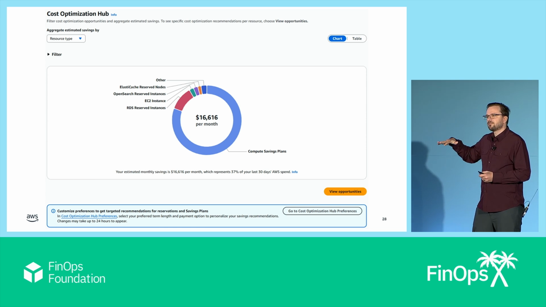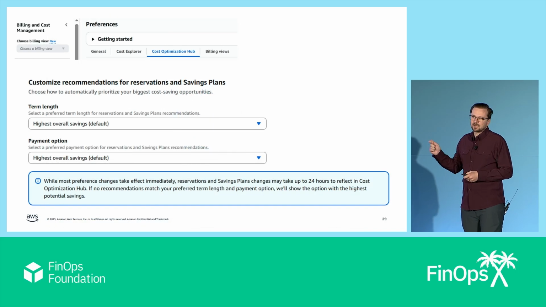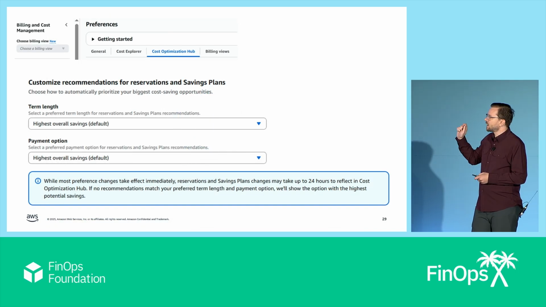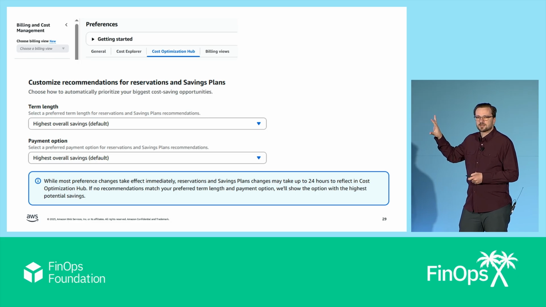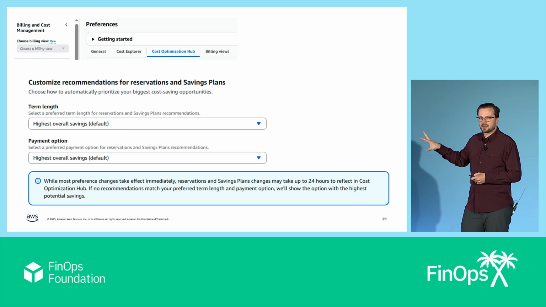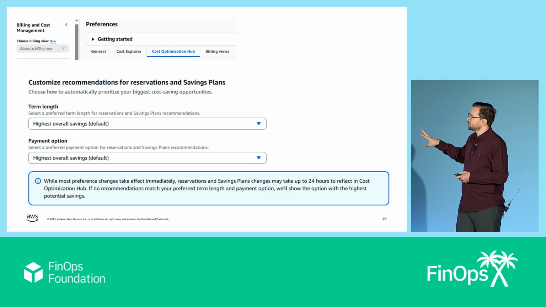Now, again, by default, what happens is Cost Optimization Hub will find the highest total potential savings, which typically means a 3-year all upfront type of commitment. And now you can override that behavior and select your preferred type of commitments. So when you click that link and go into preferences, you'll see a couple of new dropdowns, term length and payment type. This is in the same Cost Optimization Hub preferences settings page where you set settings for all of your billing and cost management console needs.